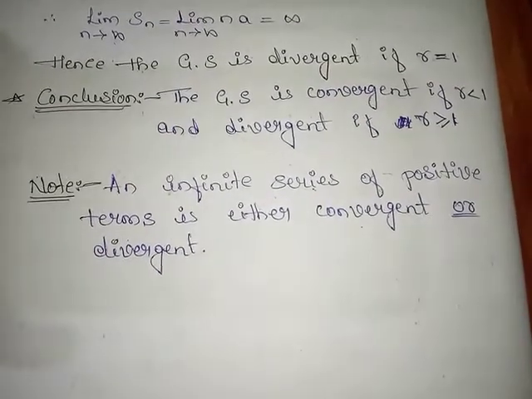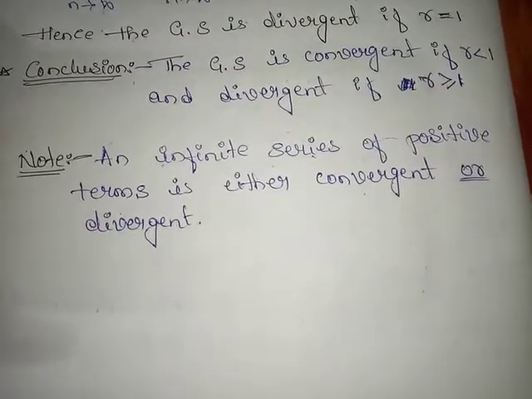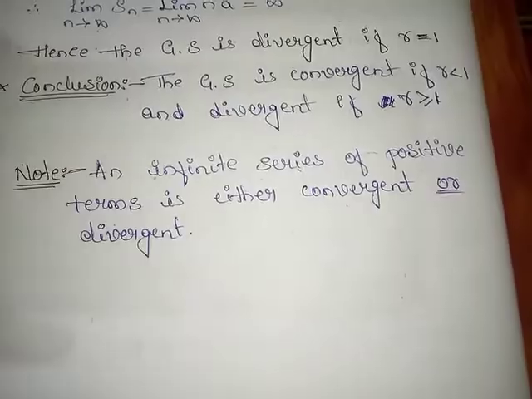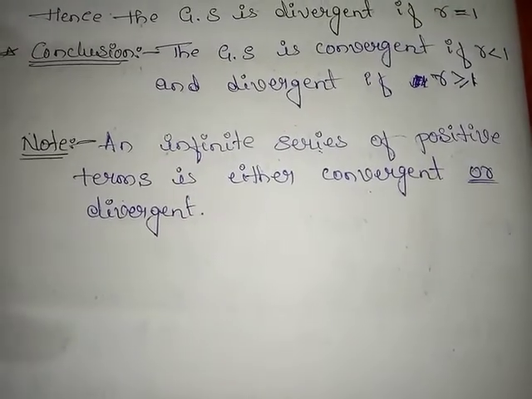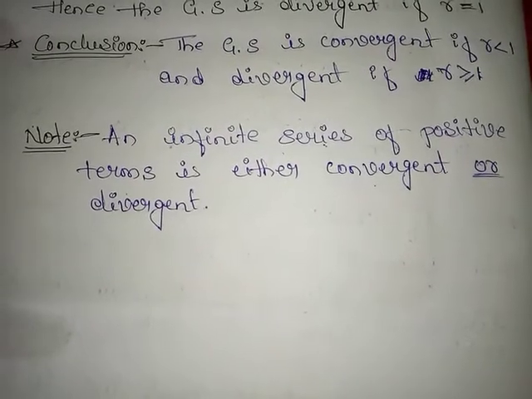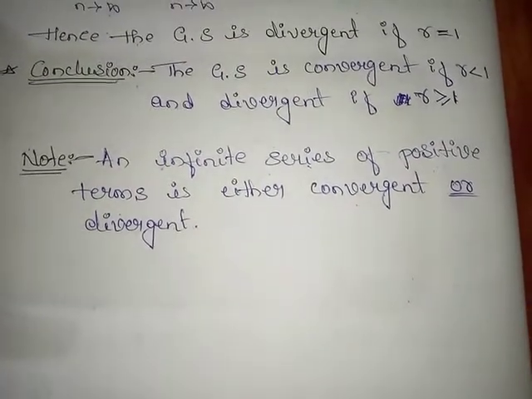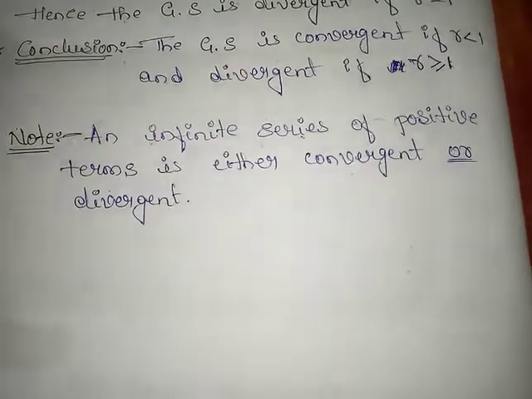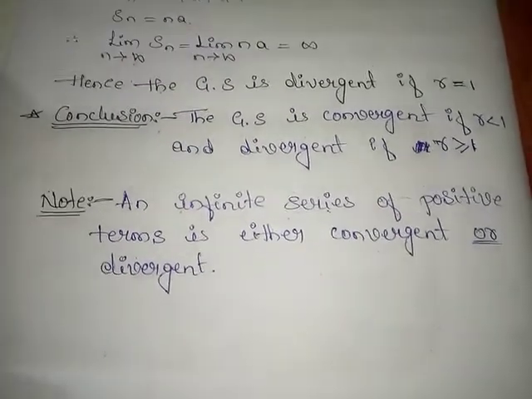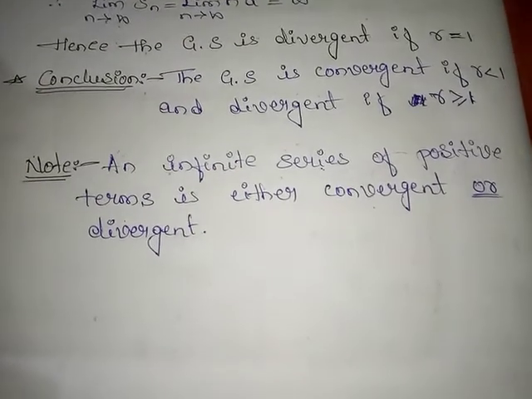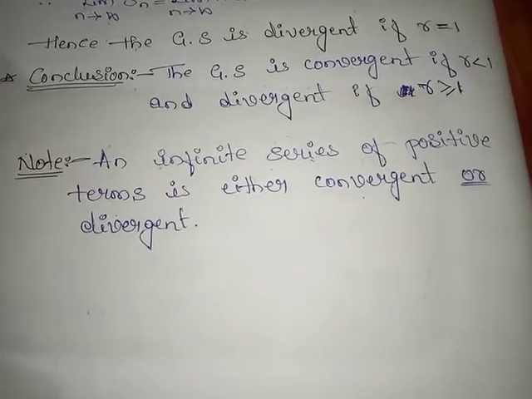In the next class, we will see some examples to find the nature of the given series. To find the nature of the given series means what? We have to find whether the given series is convergent or divergent on the basis of the definition of convergence and divergence.